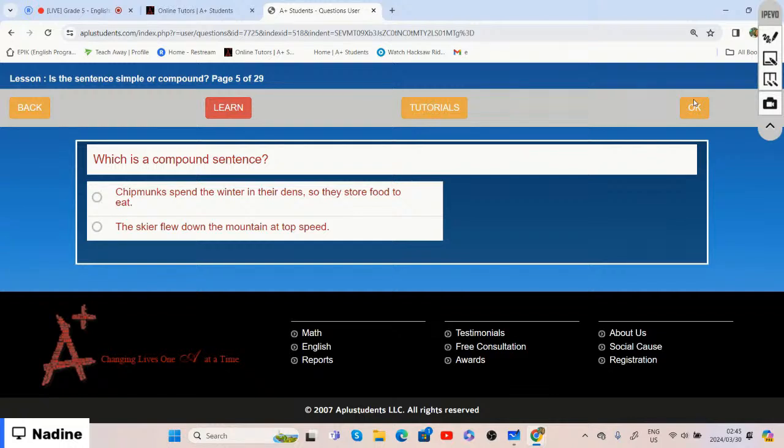All right, and if we select the compound sentence, then it will be chipmunks spend the winter in their dens, so they store food to eat. So is our coordinating conjunction, and it joins the two sentences.